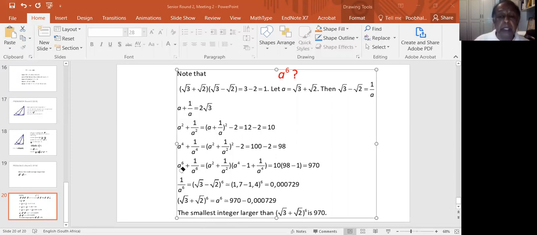So we can actually say that a to the 6th is equal to 970 minus that. And this quantity is very small, so the closest integer which is larger than this is 970. You're subtracting a tiny little quantity from 970, and the closest integer larger than this is 970.